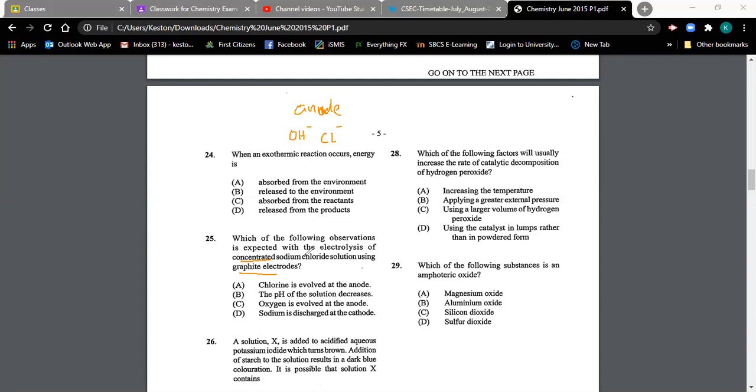Concentrated sodium chloride: at the anode, you have Cl discharged. And what is discharged at the cathode again? What do we have going to the cathode? You see two things that would go there. Cations. And which is preferentially discharged?